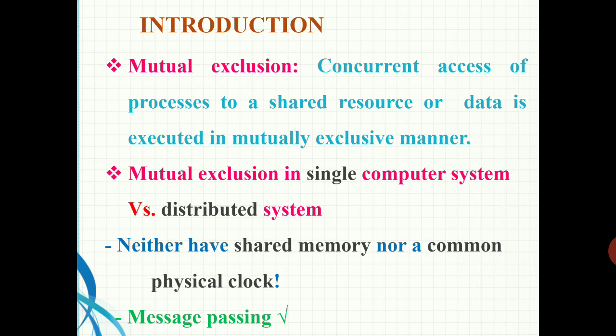A site in the distributed system does not have complete information about the state of the system due to the lack of shared memory and the lack of a common physical clock. It is one difficulty in distributed systems, so we are using message passing to achieve mutual exclusion.